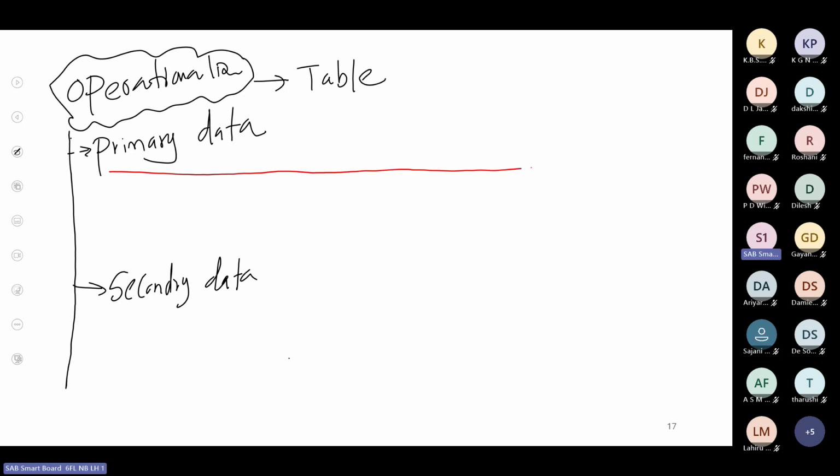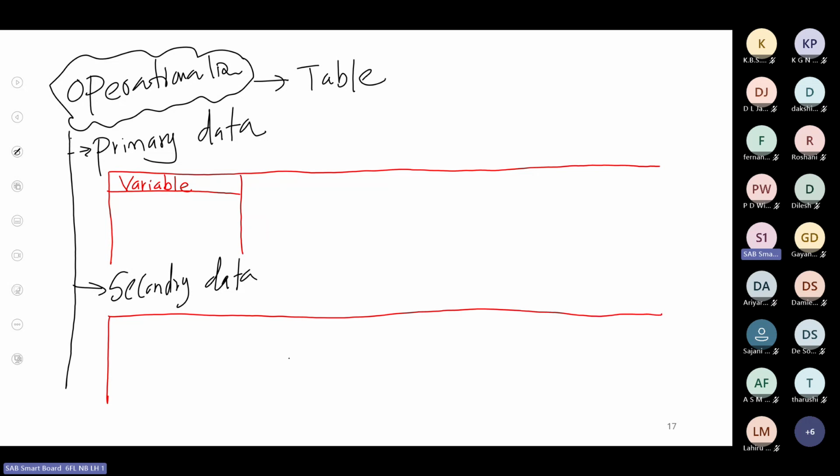It's a table. First, you have to mention the variable. We'll start with the secondary type and then go to the primary.